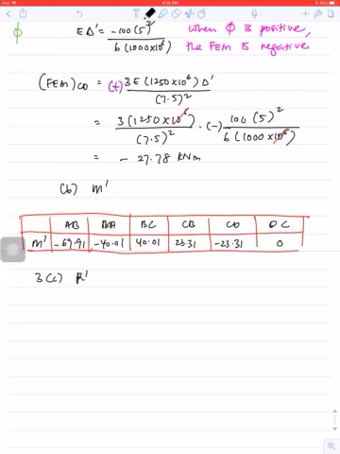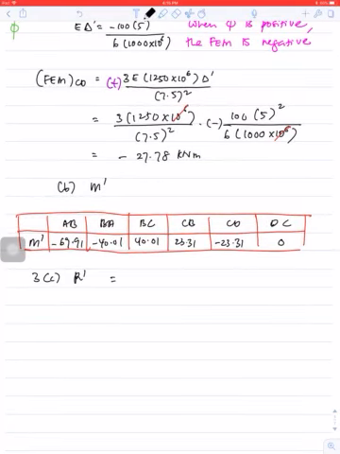I will not show the process here, and from the analysis we will get the R prime value as 12.55 kilonewton.